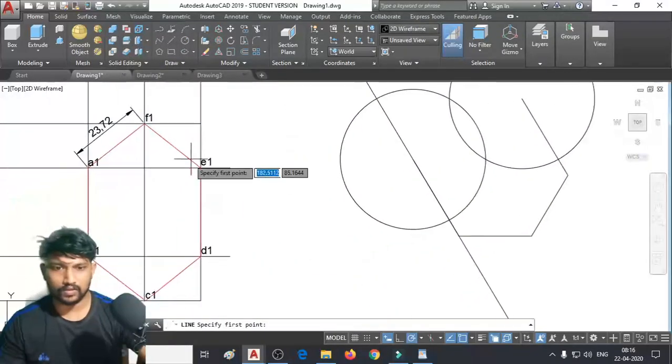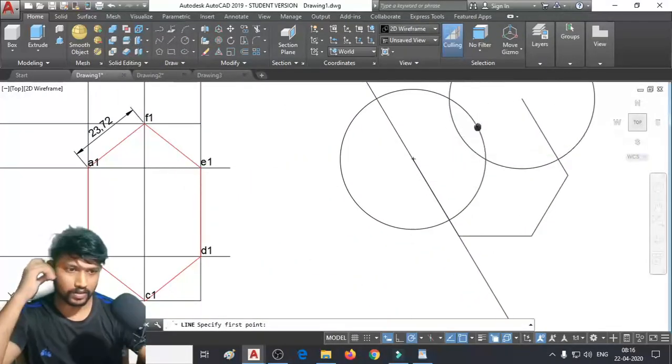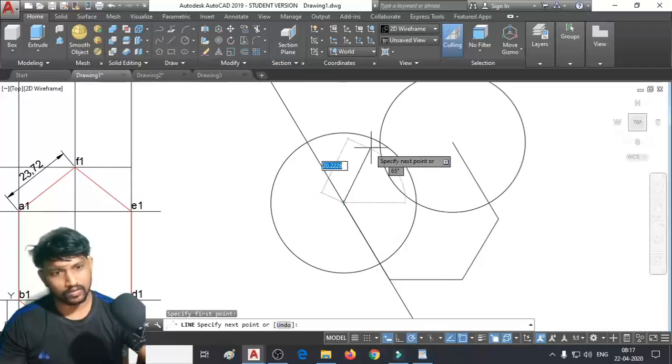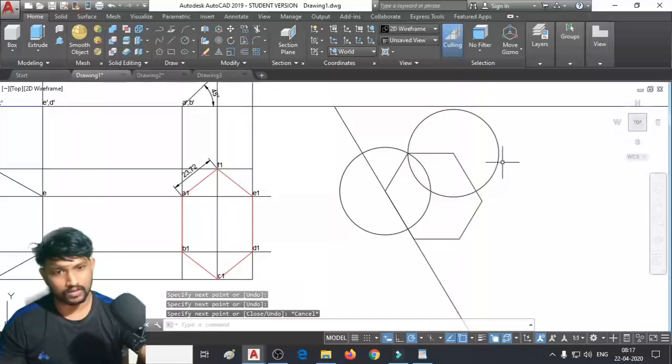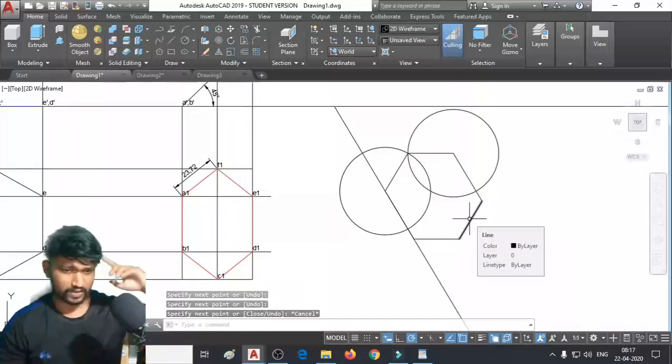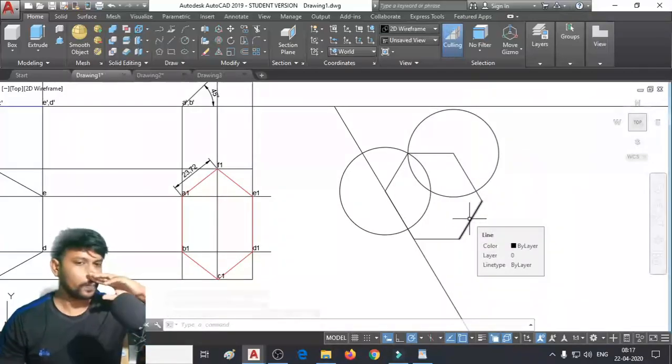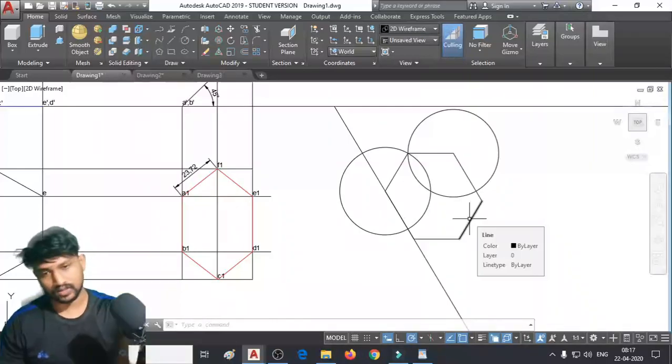I could have just copied this entire figure, but if you want to draw this on your sheets, you will get some confusion. I think let's do it somewhere else. Yeah, the angle is not the same.